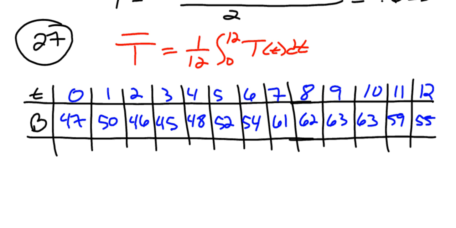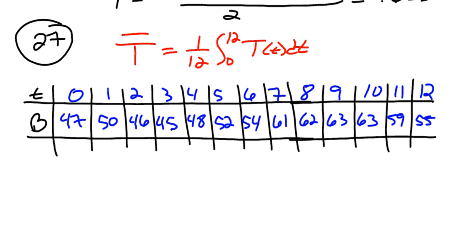Okay, for this problem, number 27, we have hourly temperature data for Boulder, Colorado over a 12-hour period on a day in January as shown in the bar chart.